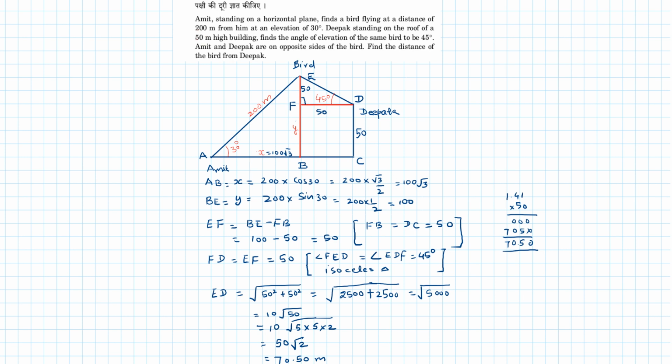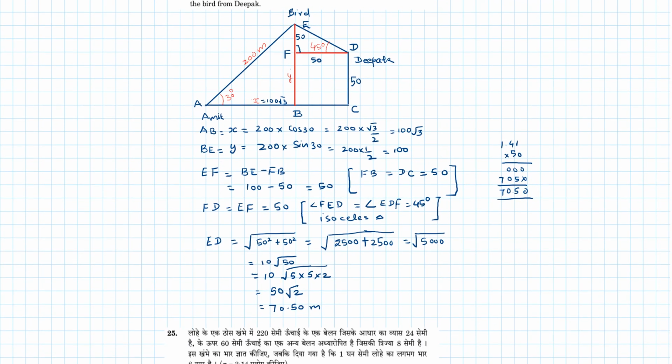So what we get is EF is equal to 50. That's what I have written here. Now we are supposed to find ED, and we can use this triangle and the Pythagoras theorem. Okay, that's what we have done. So ED is equal to the square root of 50 square plus 50 square, and we get the answer as 70.5 meters.